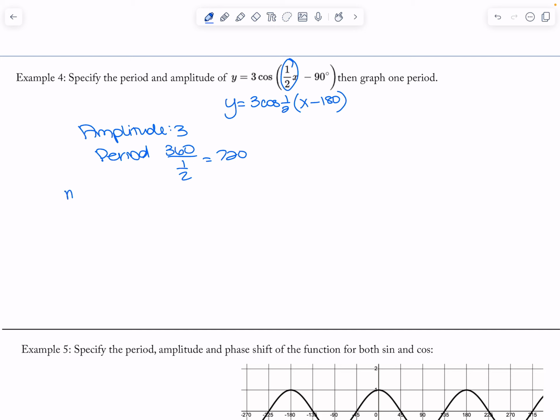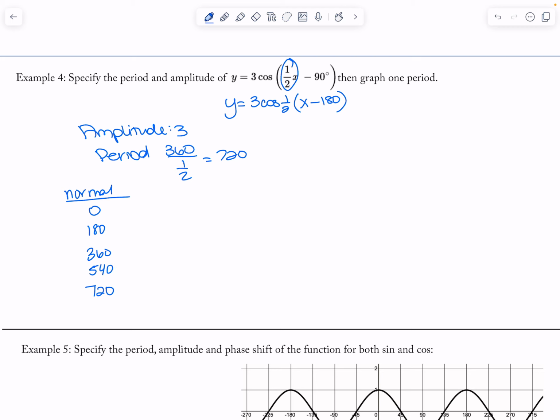So normally, I would go from 0 to 720 degrees. So in the middle would be 360, then 180, and then 540.